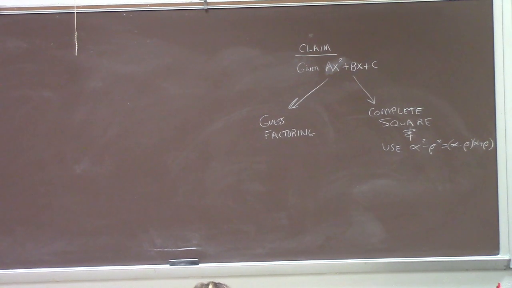That's the first point. We have to be given that. Number two, we rewrite that as x plus b over 2 squared minus b squared over 4 plus c. And then step 3 is use differences. Difference of squares.